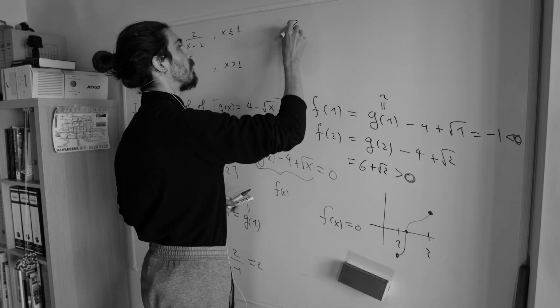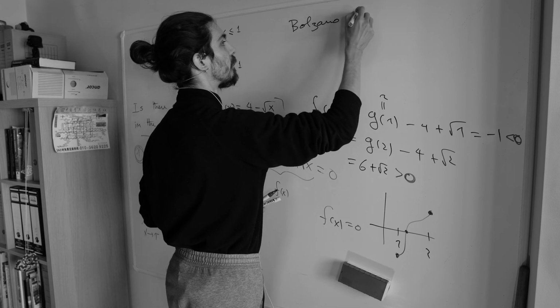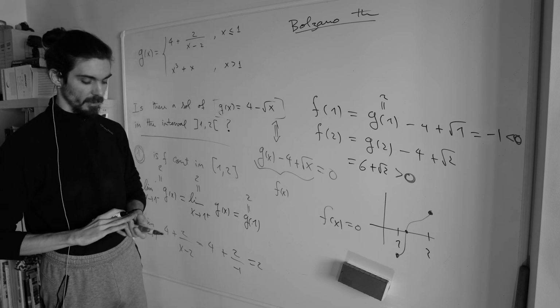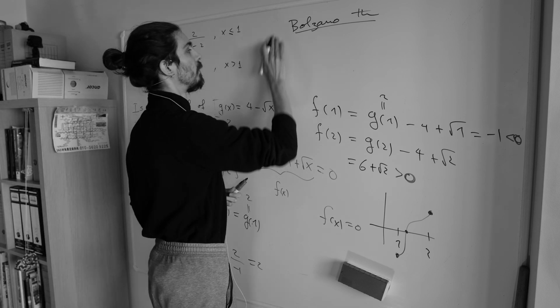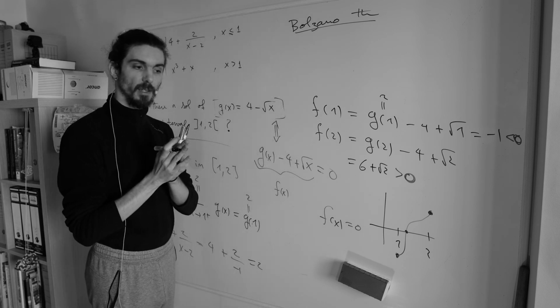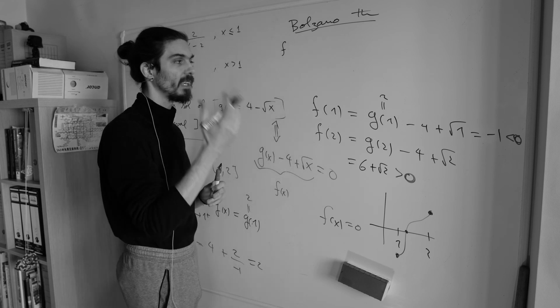So the Bolzano theorem. What does it say? Well, it's an implication. It says the following: if the function is continuous, so if f, in mathematics, how do we say that?